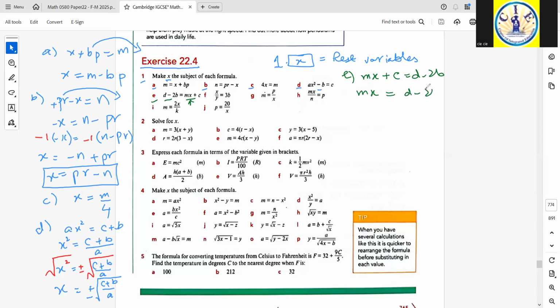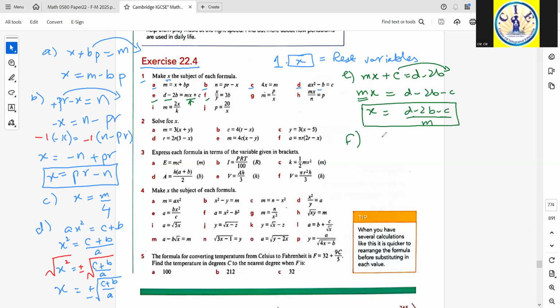And on the right side, this is d minus 2b divided by, rather, minus c. First of all, I've shifted this c to this side. And now with x, this m is being multiplied. When it is shifted to the other side of the equality, it will get divided. So x has been made the subject.